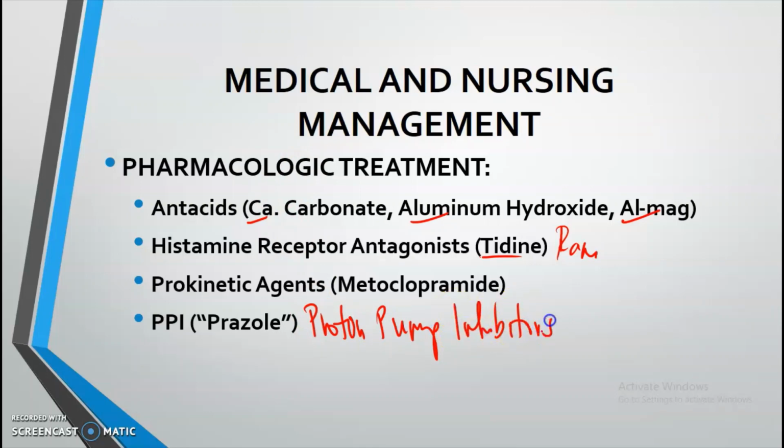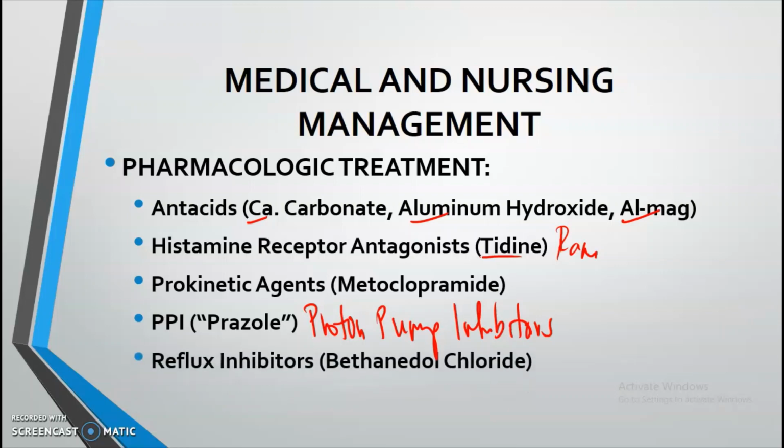Proton pump inhibitors are drugs that decrease the stimulation of gastric cells to produce gastric acids. These drugs actually end with prazole. So examples are your omeprazole, pantoprazole, esomeprazole. Those are examples of your PPI or proton pump inhibitor medications.